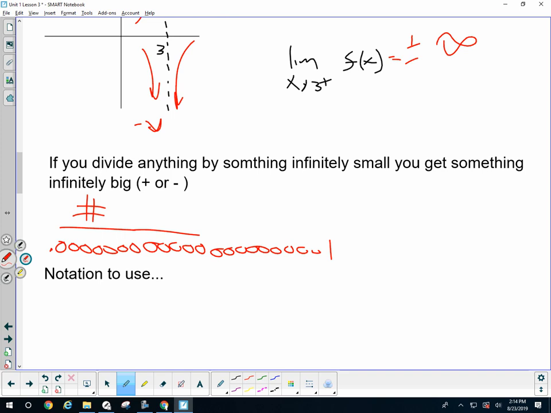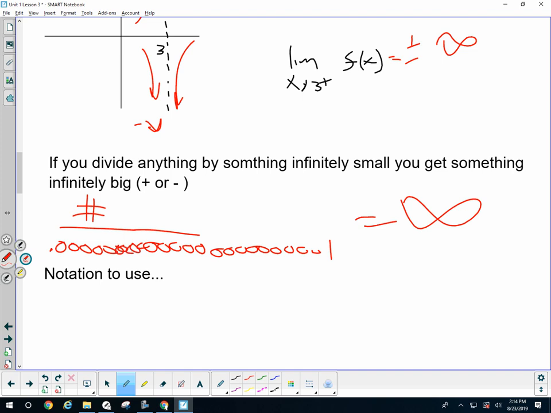It's going to get bigger and bigger and bigger. If I continue to add more and more zeros here, and I have taken something that's a number and divided by something that is approaching 0, I will get something very large.